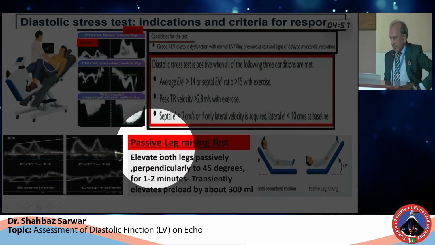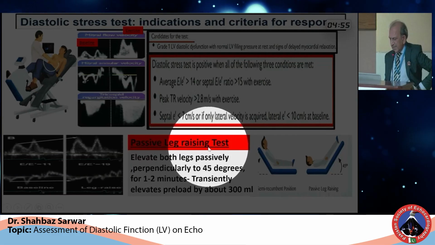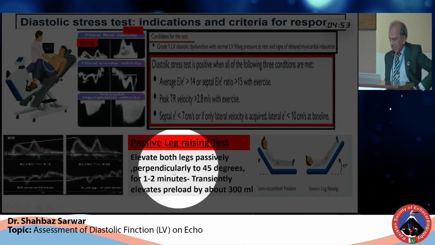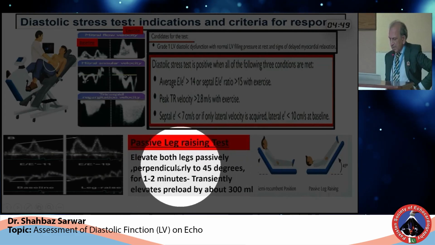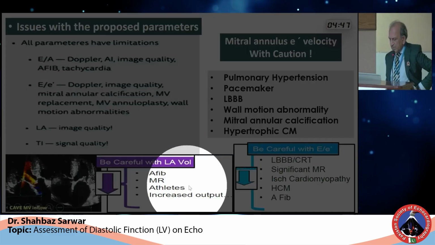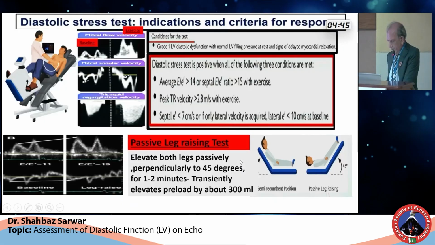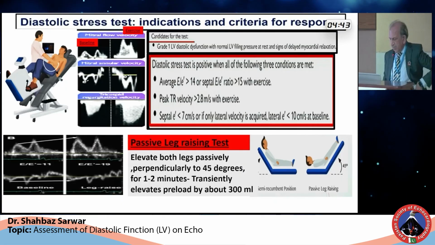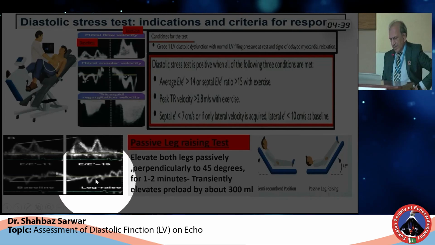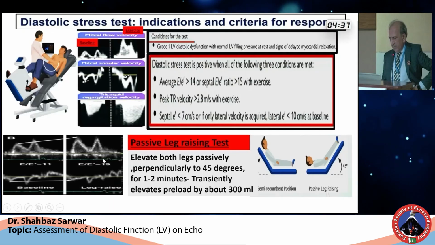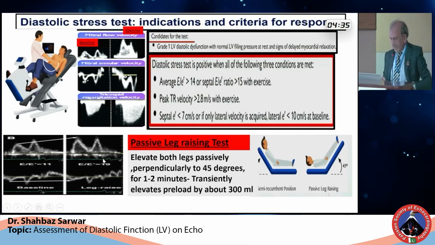So we can use a passive leg raising test: elevate both legs passively, perpendicularly to 45 degrees, for 1 to 2 minutes. This transiently elevates preload by about 300 mL, and we can see that E prime becomes small and E by E prime ratio becomes abnormal. So you can use a modified kind of stress test.